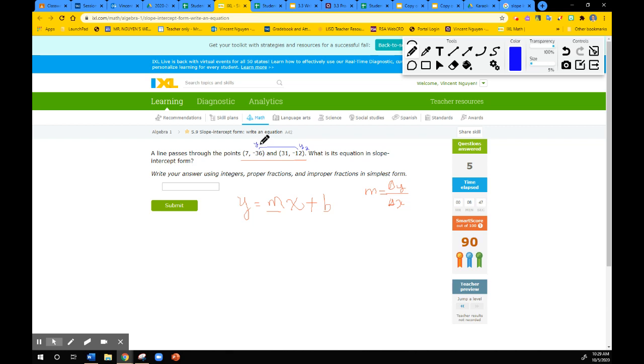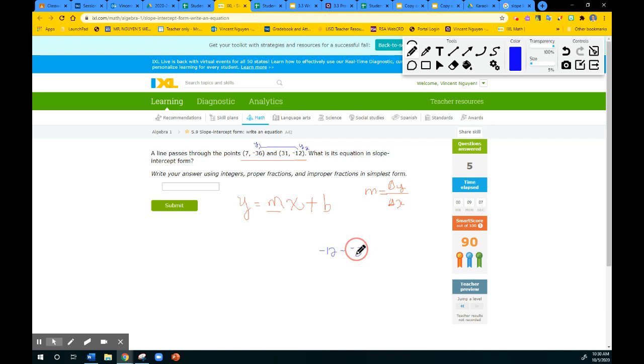Okay, and you got to be careful here. Use a calculator if you have to. I don't have a calculator on my computer anymore because it's disappeared. I need to reinstall it. But I am going to show you: y2 is negative 12 minus y1, which is negative 36.